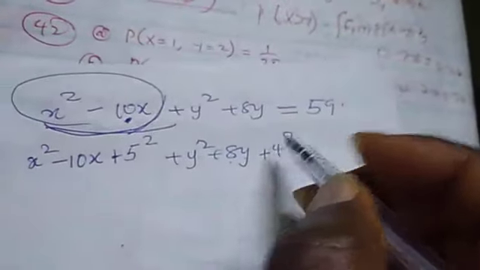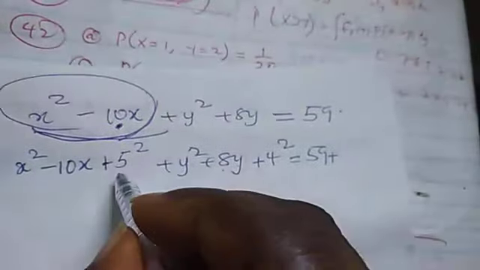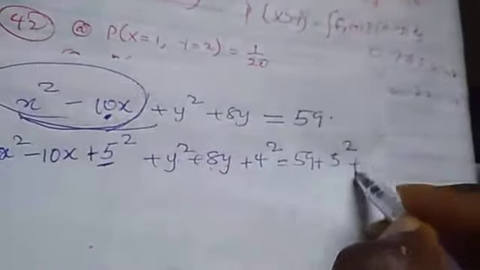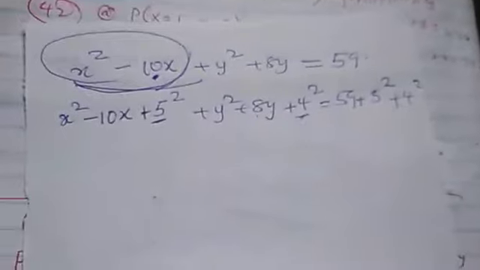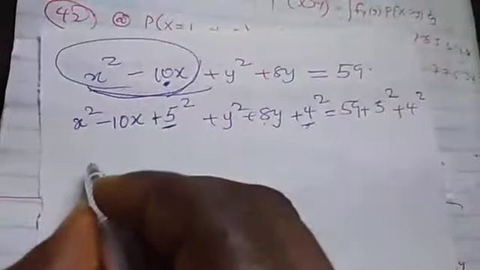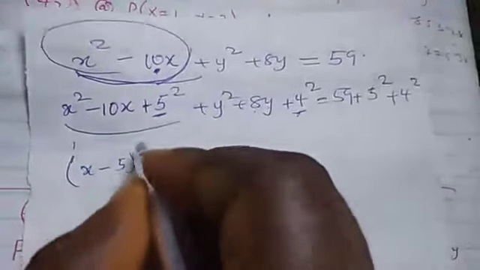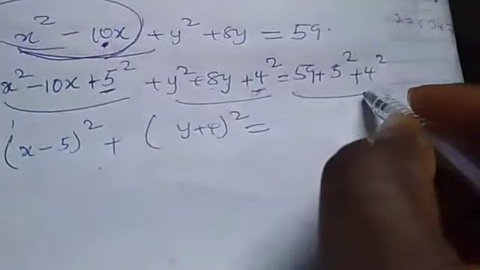For y, the coefficient is 8. Half of it is 4, and we square it. Remember, we have added 5 square to this side, so we have to add it on the other side in order not to be biased. The 4 square that we added, we have to add too. So this side becomes x minus 5 all square, and this one becomes y plus 4 all square, equal to 100.